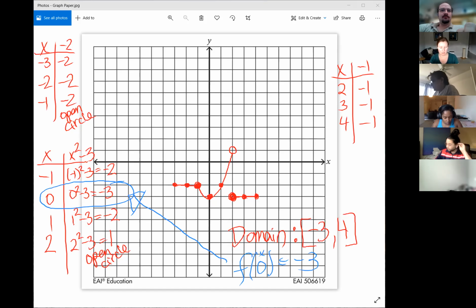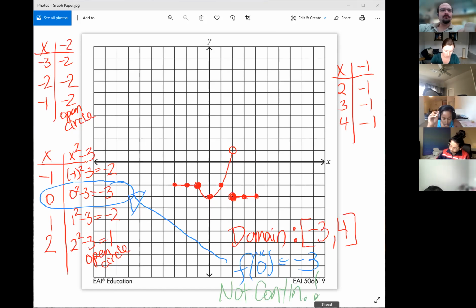All right. Last part, is it continuous? No. Exactly, not continuous. Why is it not continuous? You have to lift up your pencil. Yep. It's good all through this curvy part.